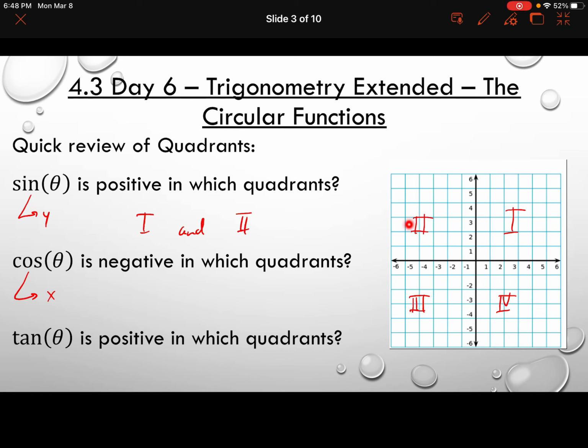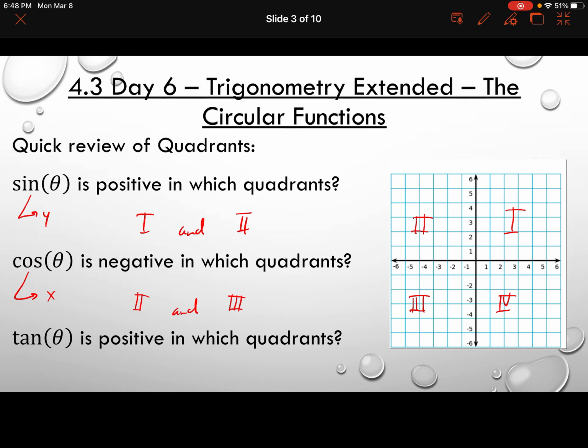So to the left of the y-axis, all your x values are going to be negative. Hence, that's going to happen in quadrant 2 and quadrant 3. You do see that I'm using Roman numerals for these quadrants, and typically when talking about the quadrants, the Roman numerals are used as opposed to regular numbers.